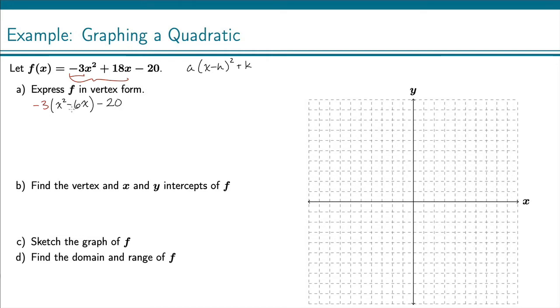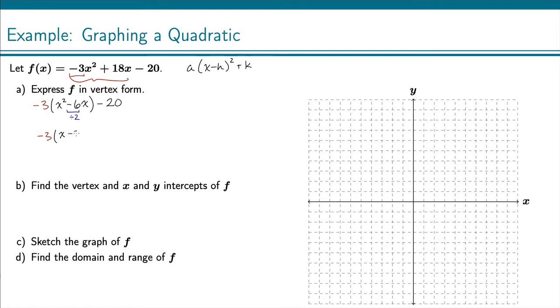Then we complete the square with this inner portion here. We take this number in front of the x and divide it by 2, and that tells us what number to put inside the parentheses. So we have our negative 3, and then x, and then negative 6 divided by 2 is negative 3.